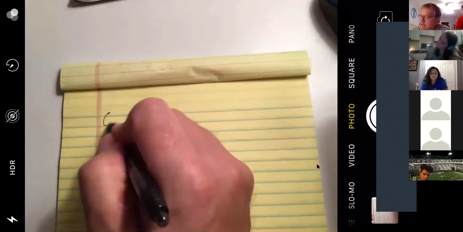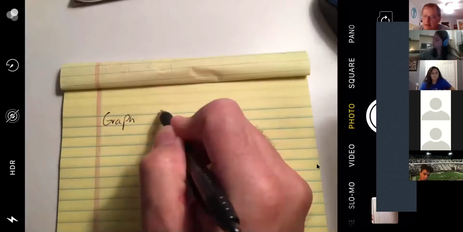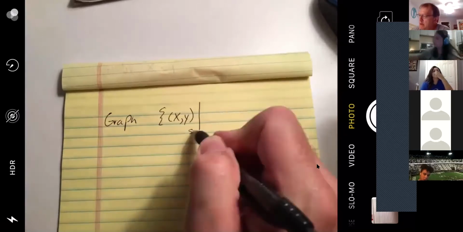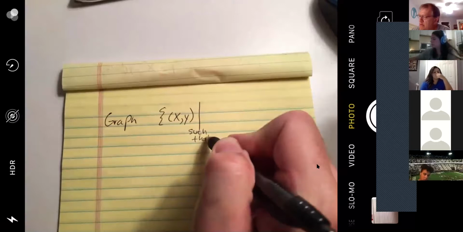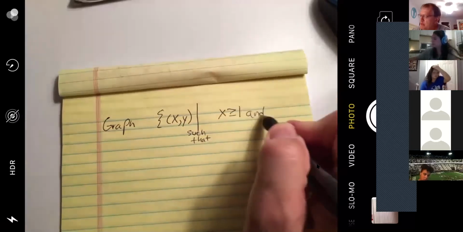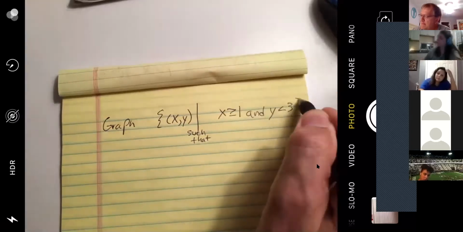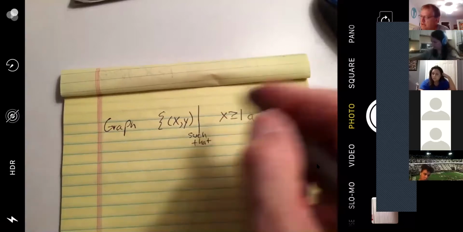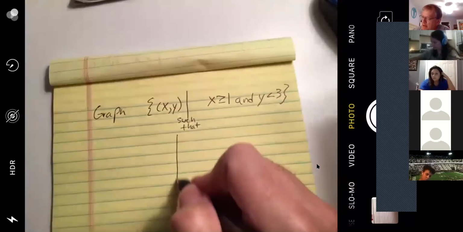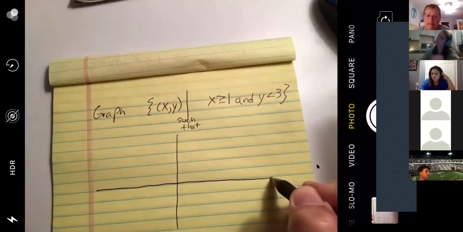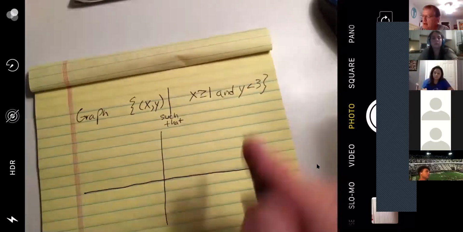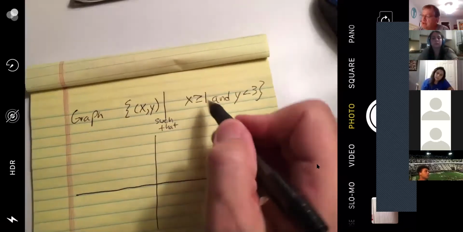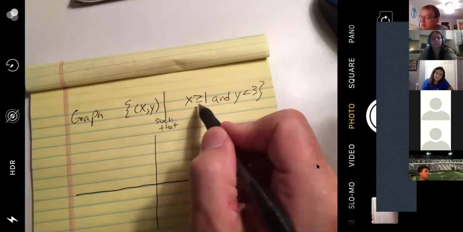Okay, they're asking for all the x, y points. This vertical line reads such that the two conditions are x greater than or equal to 1, and you want your y's less than 3. So what you do, make a graph. We find x equals 1. It will be solid because it has the or equal.